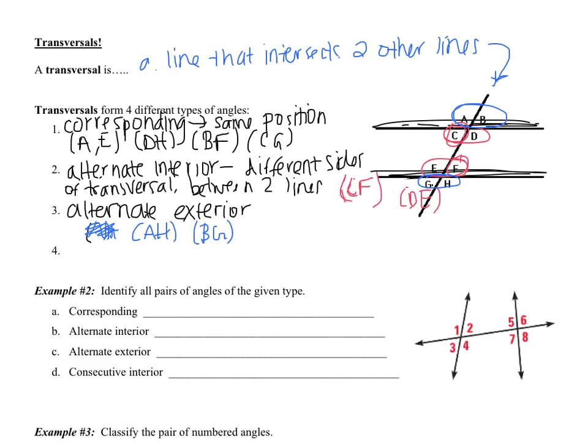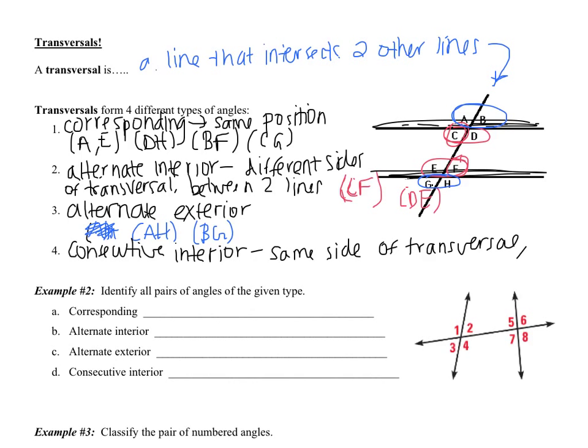Last type is consecutive interior. Okay, so consecutive interior, well, the consecutive means same side of the transversal. And then the interior means that it's between the two lines.